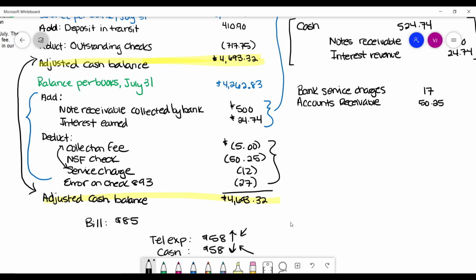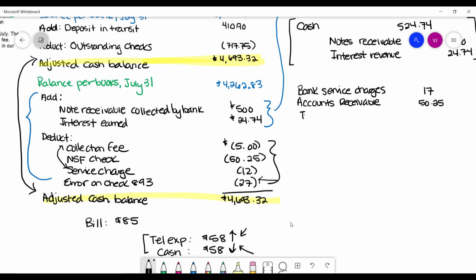So to fix this, so far, $58 has been recorded as telephone expense, and $58 has been taken out of cash with that initial entry. To fix that, because that should have been $85 instead, we'll just increase that telephone expense and reduce cash by another $27.